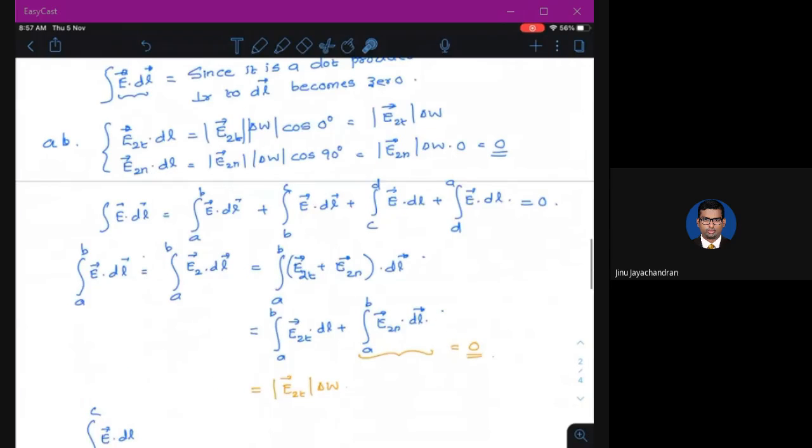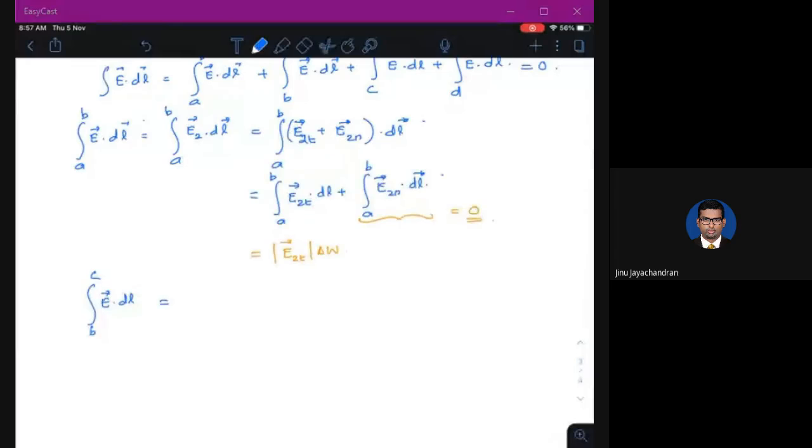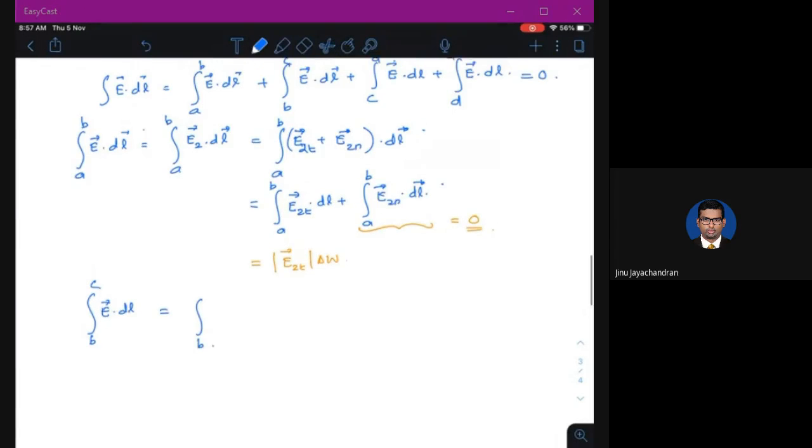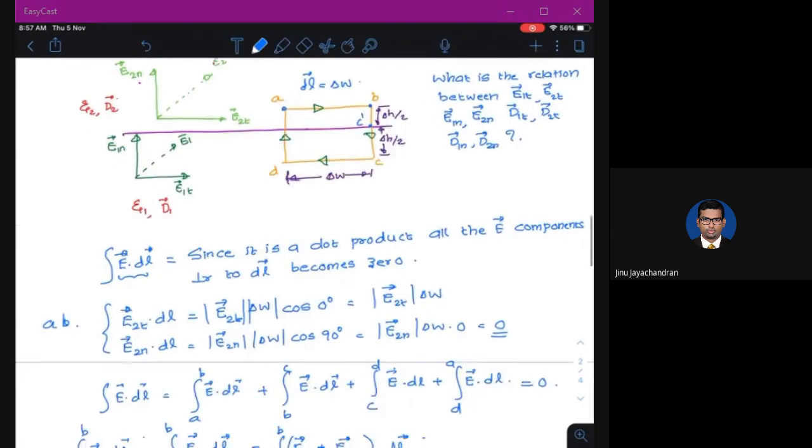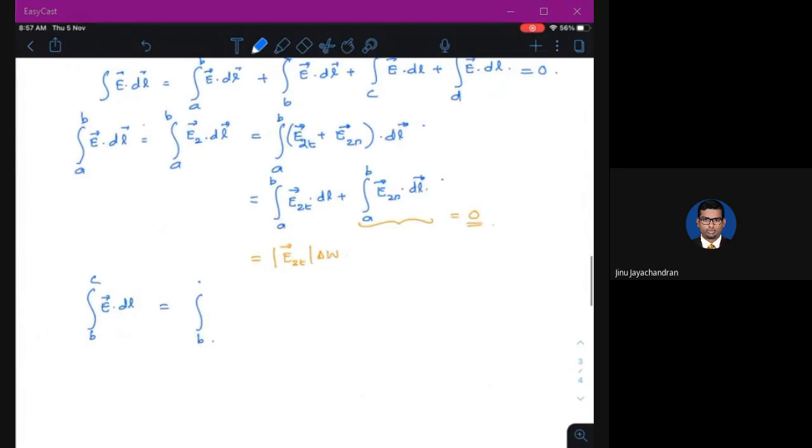So I can split this as, let's say this point is C dash, integral B to C dash E2 dot dl plus integral C dash to C E1 dot dl.